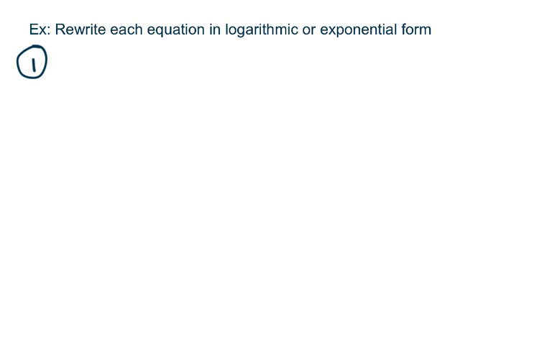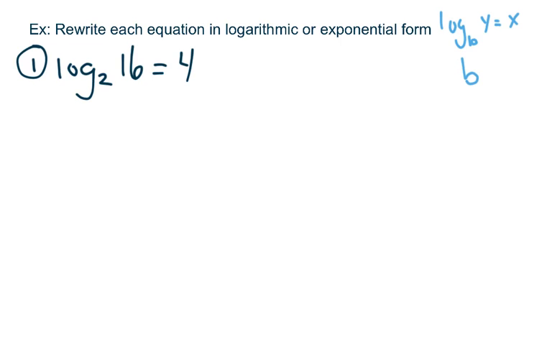The directions: rewrite each equation in logarithmic or exponential form. We're going to start with logarithms and turn them into exponents, and then we'll do the exponents and turn them into logarithms. Number 1, we have log base 2 of 16 is equal to 4. Remember, log base b of y is equal to x turns into b to the x power is equal to y.